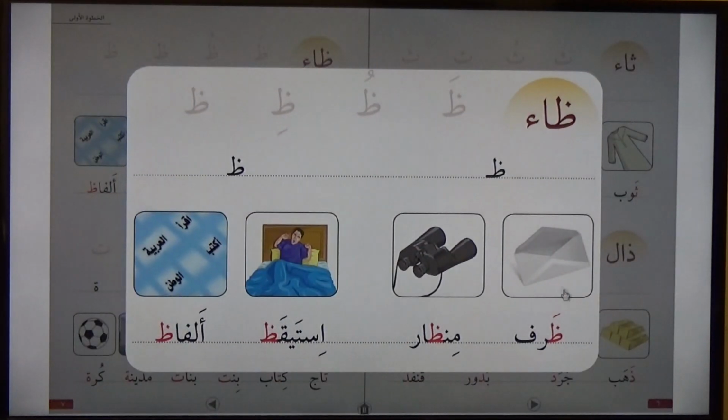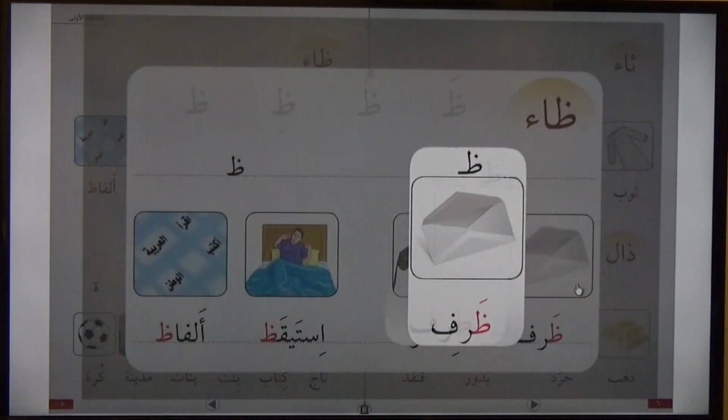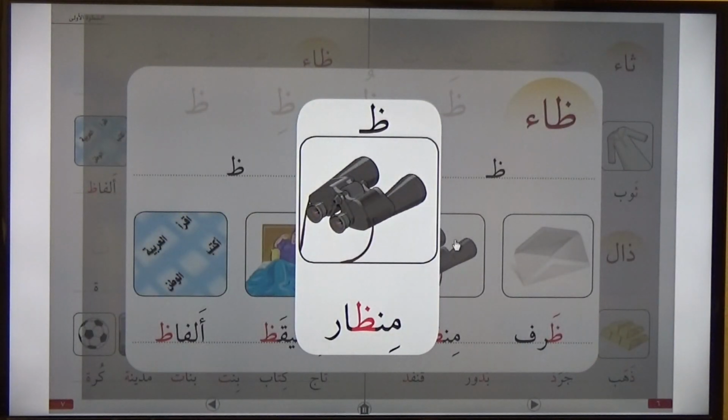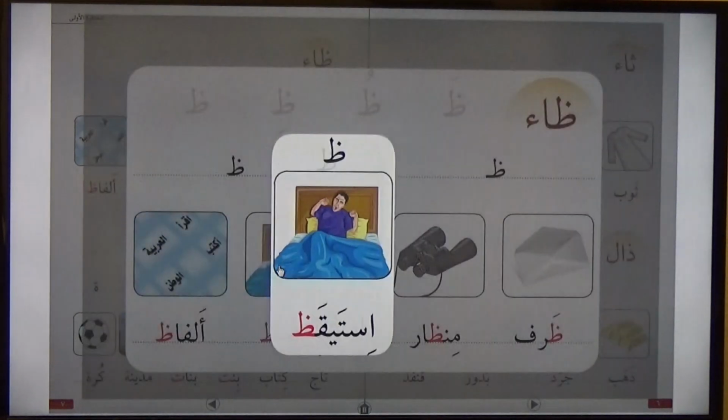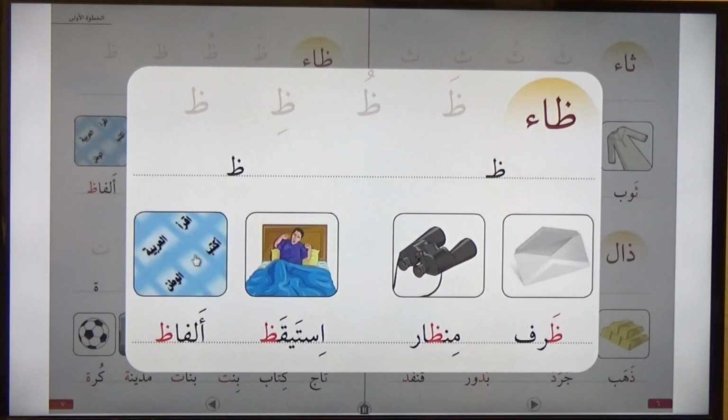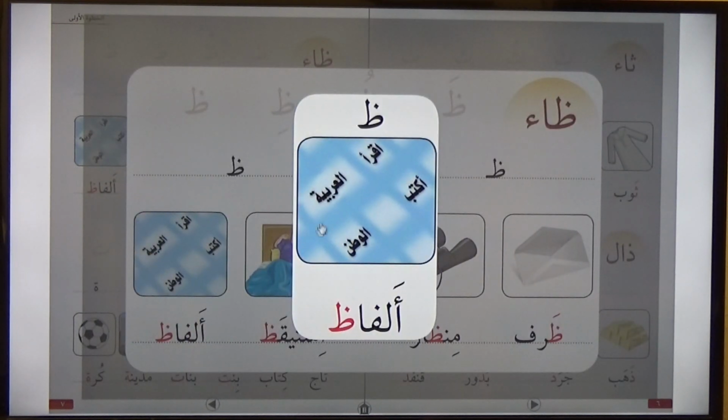So here we have ظرف, which is envelope. منظار. استيقظ, woke up. ألفاظ, these are like words and expressions, we call them ألفاظ.